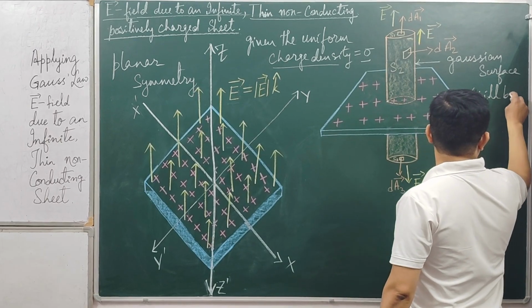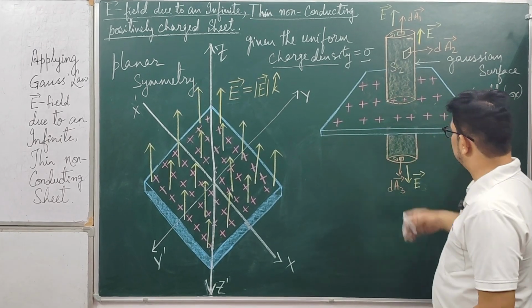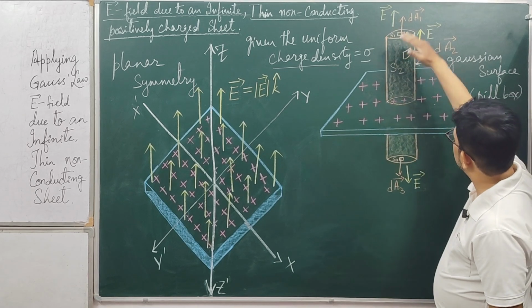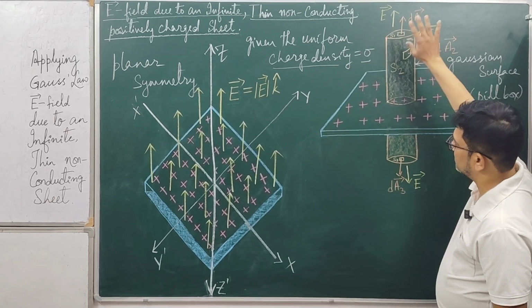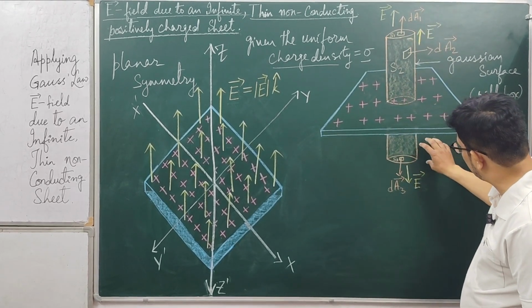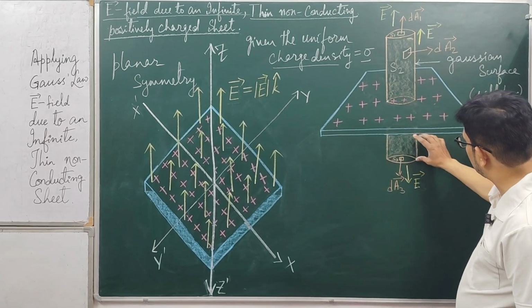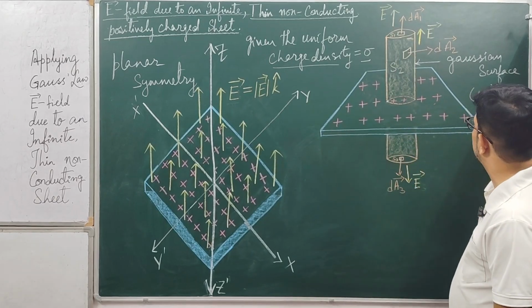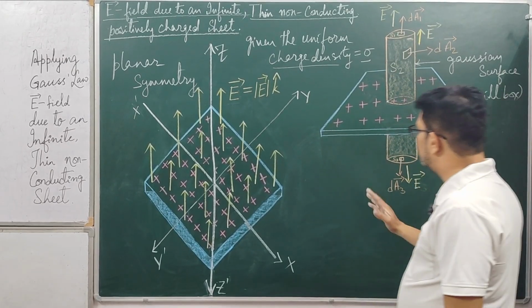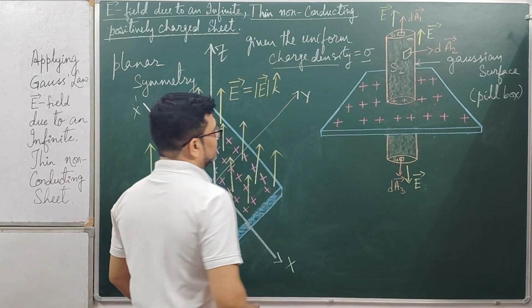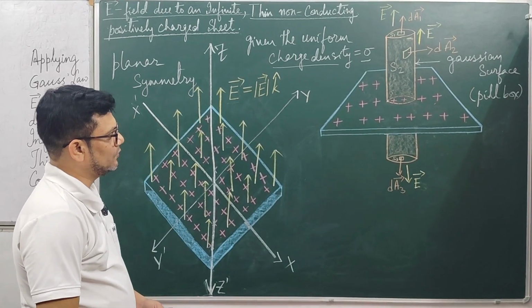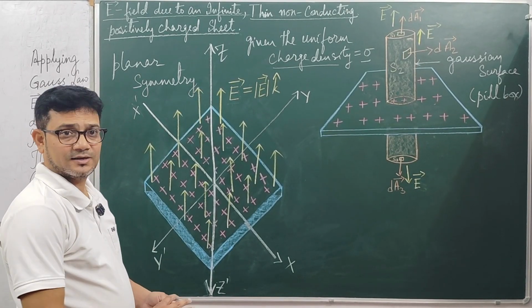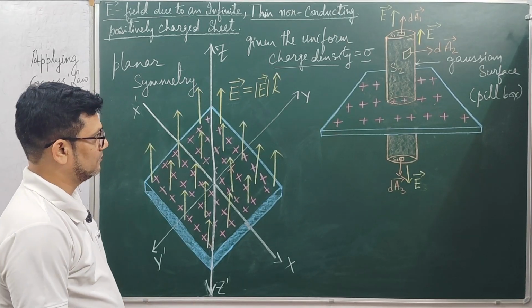Now this pillbox is tunneling in this way. It is protruding in this manner, upwards, and downwards I have shown here, it is tunneling out. So we have taken this Gaussian surface for our convenience, and using Gauss's law we are going to analyze the situation. We are going to find what is the net electric field because of this situation.